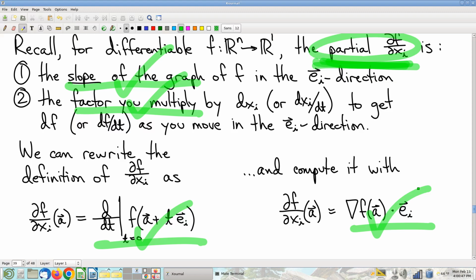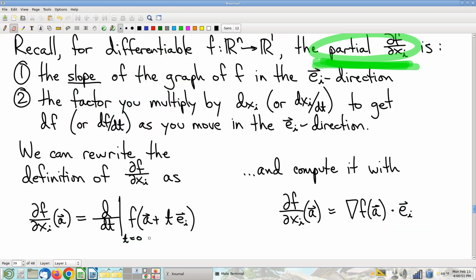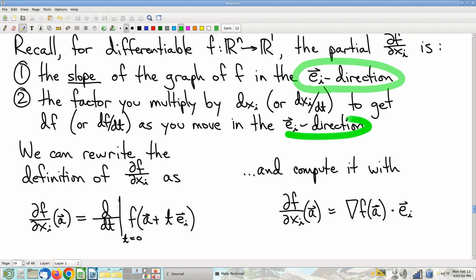Okay, so with that in mind, looking at all of this stuff, what is it about the fact that I'm moving parallel to an axis that makes this all come together? Rhetorical question, and the answer is: not a thing.